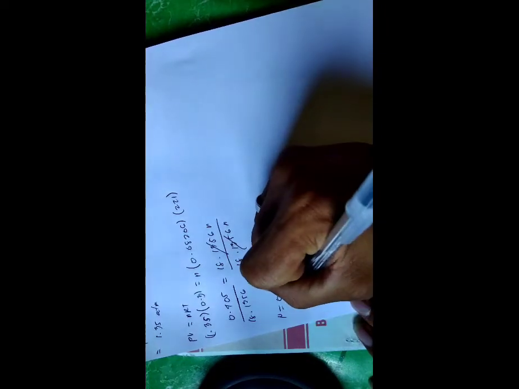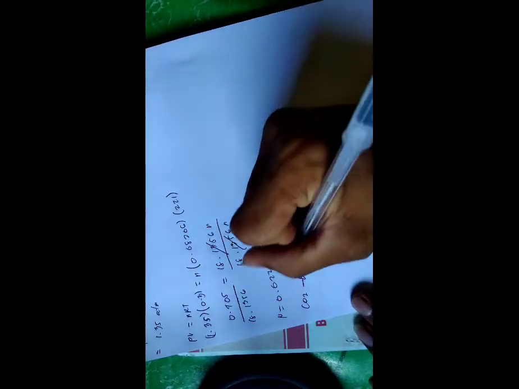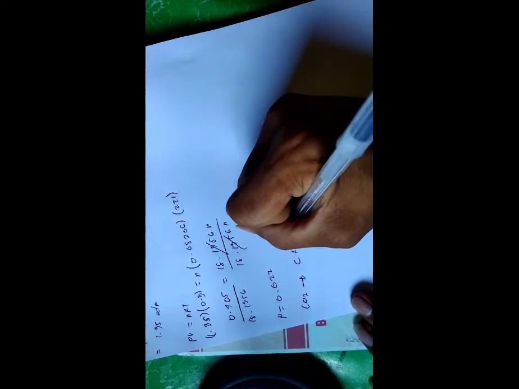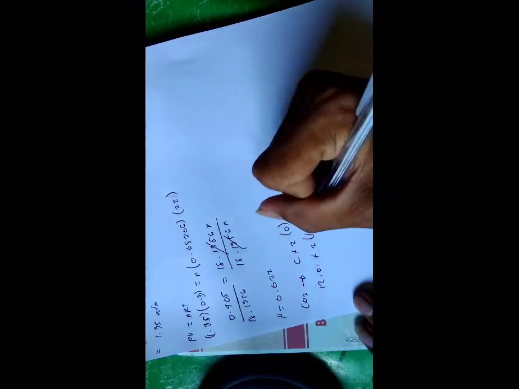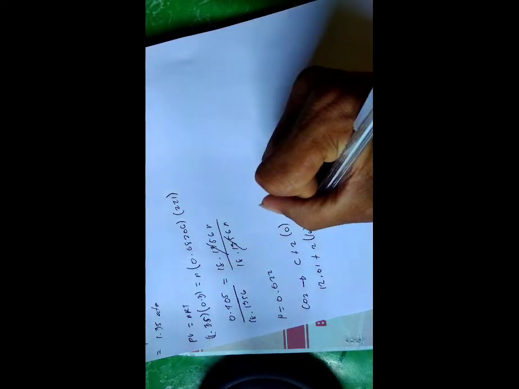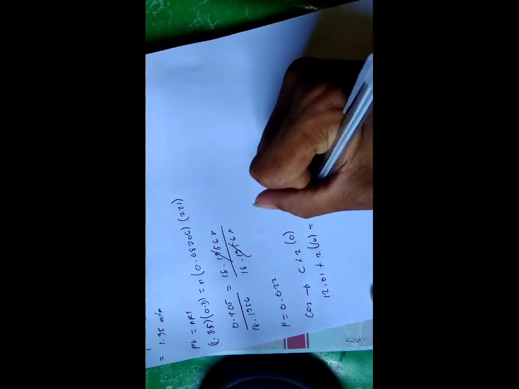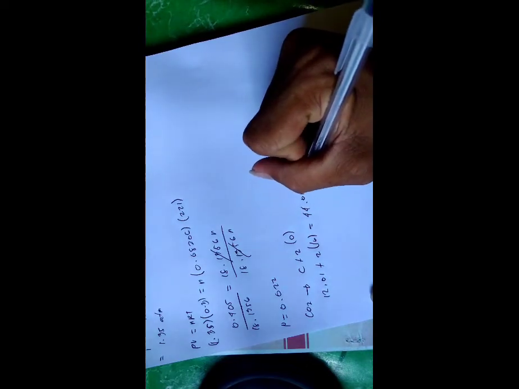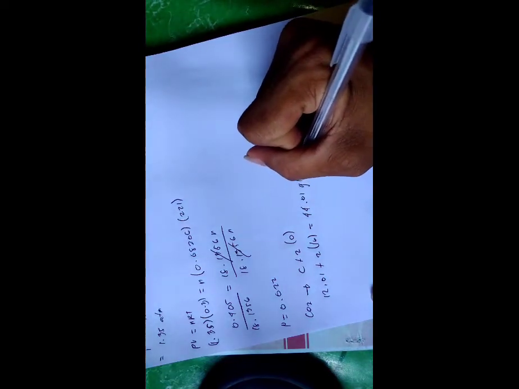And to know the grams of CO2, let's solve. CO2 is C plus 2 times O: 12.01 plus 2 times 16. 2 times 16 is equal to 32, plus 12.01 is equal to 44.01 grams per mole.